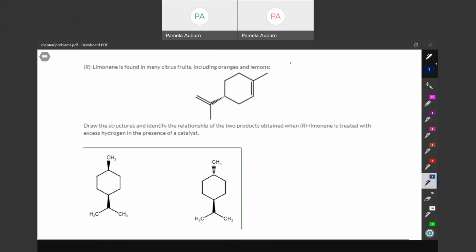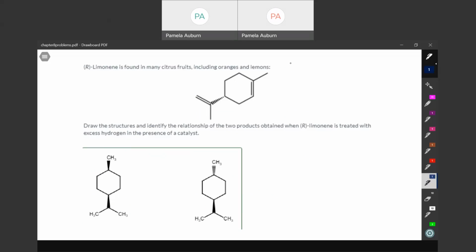Limonene is found in many citrus fruits, including oranges and lemons. Draw the structures that you would get when you used a hydrogenation catalyst. They don't specify whether you're using a soluble hydrogenation catalyst or not.